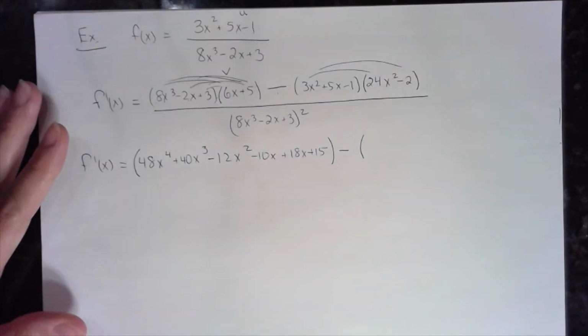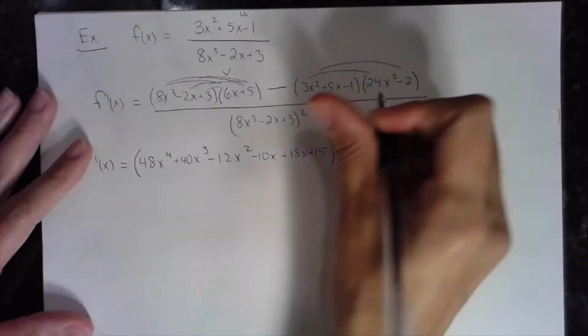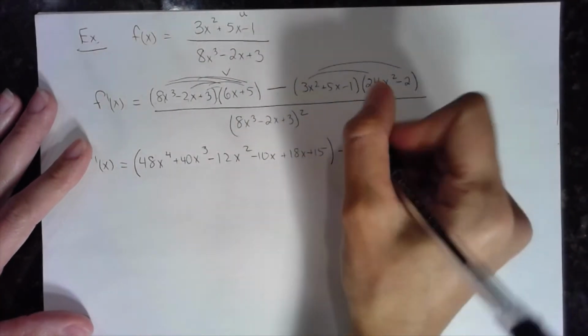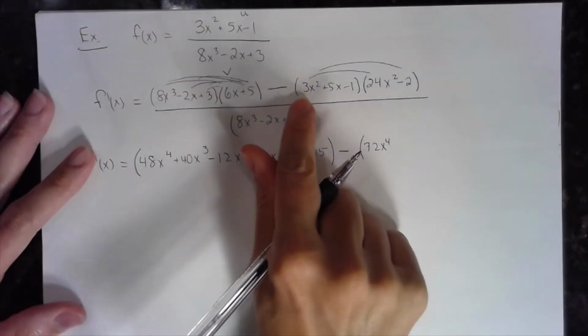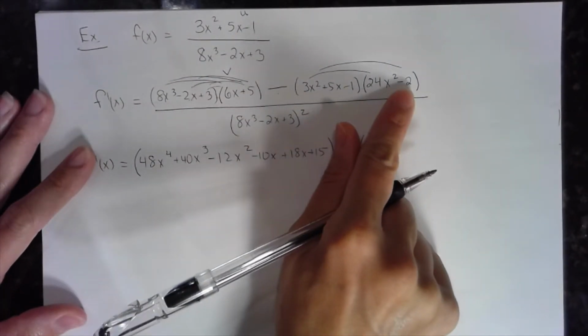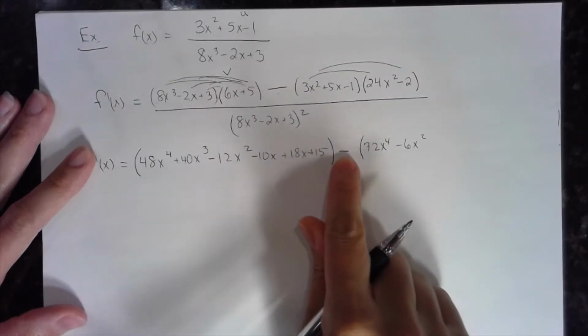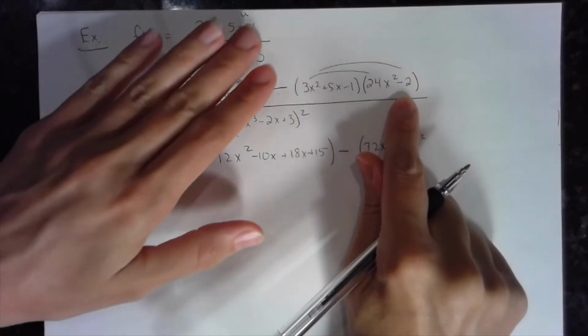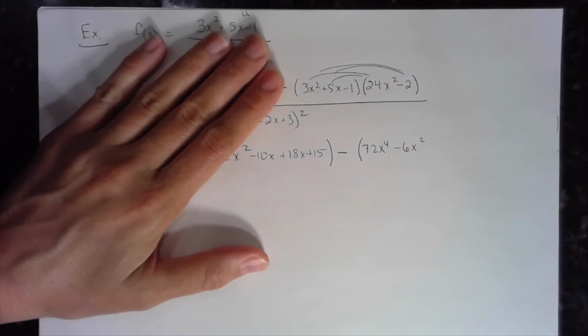The 3x squared is going to distribute. So 3x squared times 24x squared is 72x to the fourth. 3x squared times negative 2 is negative 6x squared. I'm not dealing with this minus yet, just these guys. So ignore that. Now that 5x is going to distribute.